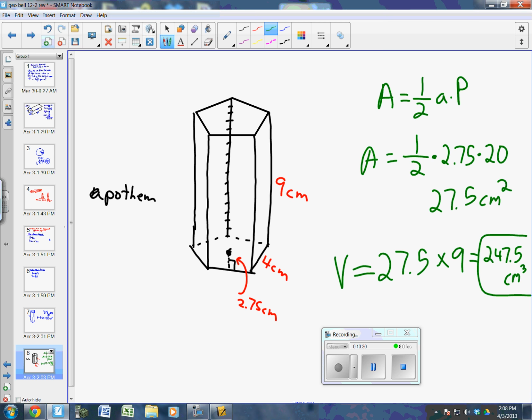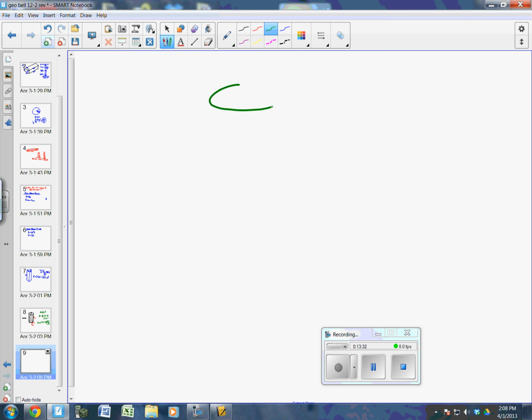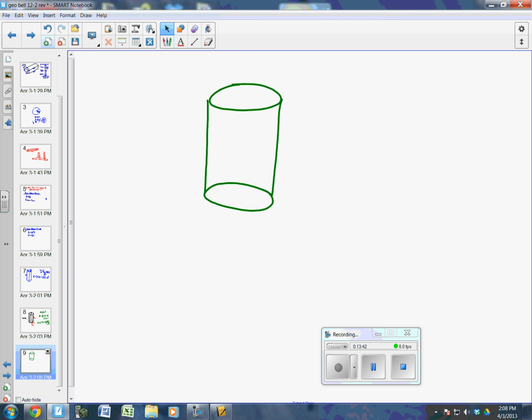Okay, let's do a cylinder. All right, let's say we have a cylinder right here. What information do I need to have to find the volume? Okay, listen to this, guys.